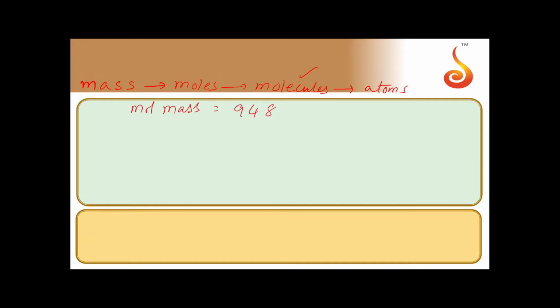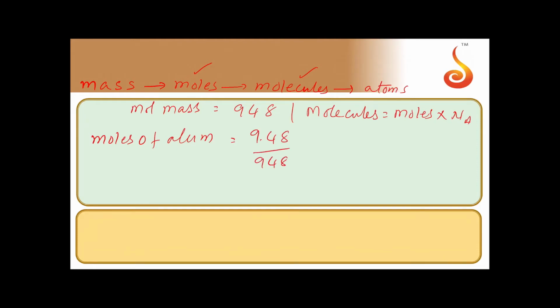Now the number of molecules will be moles into Avogadro's number Na. First of all, moles of alum is equal to mass by molar mass, 9.48 grams over molar mass 948, which is equal to 10 to the power of minus 2 moles.